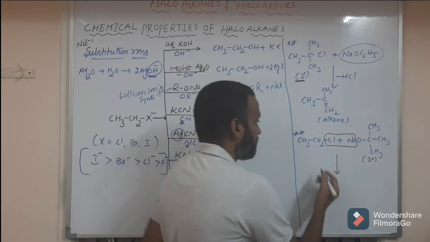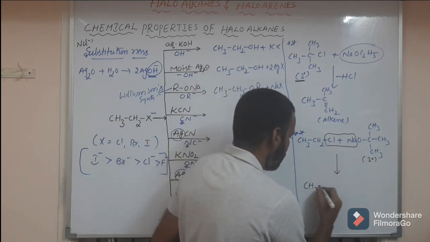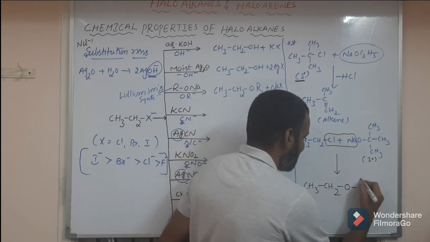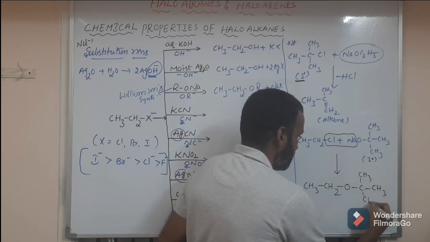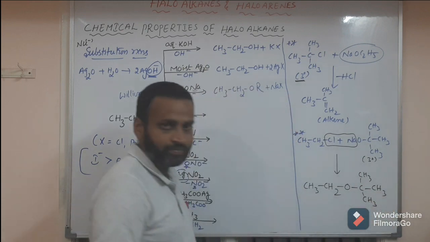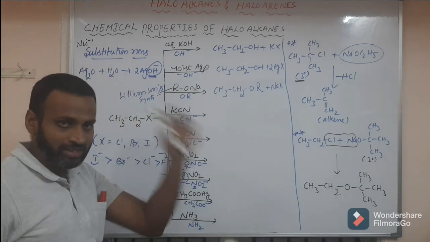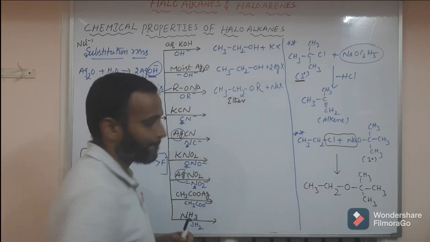Now what will be the product here? CH3CH2OC(CH3)3. Got it, everyone?